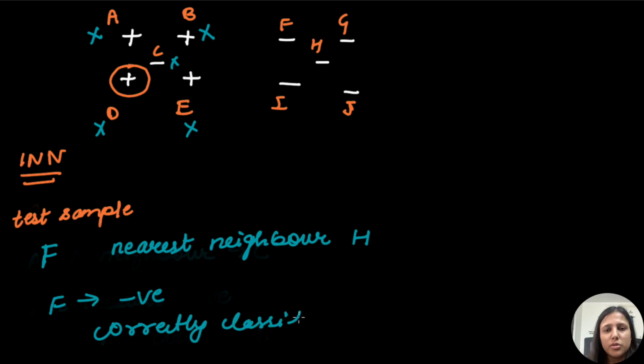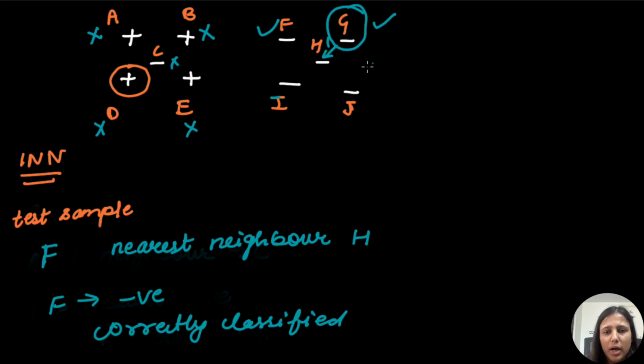Now let's talk about G. The nearest sample to G is also H, and the label of H is negative. So G will also be labeled negative, which is correctly classified.